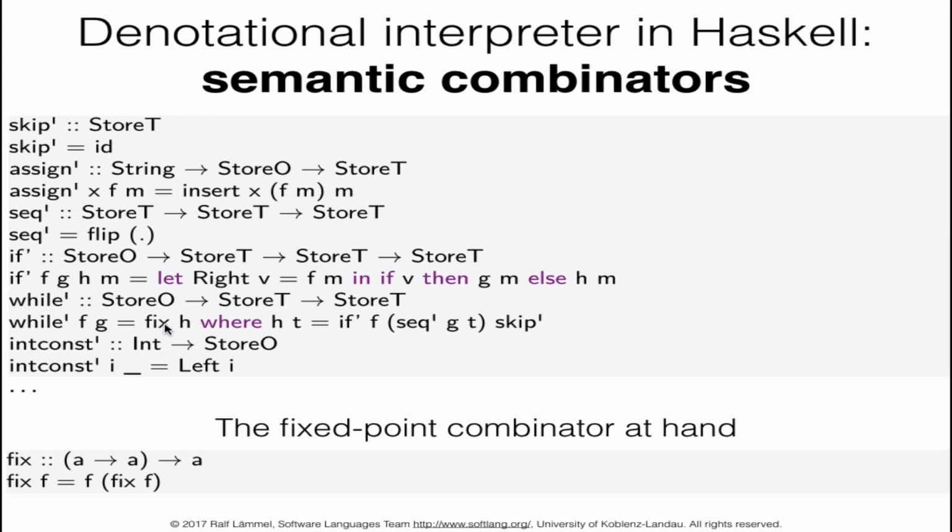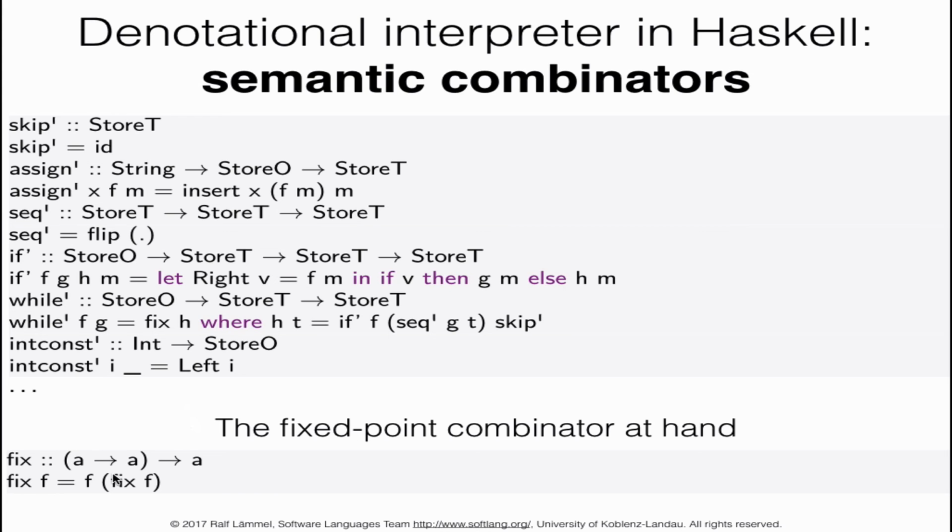We apply the fixed point combinator to a function h, and the function h is parameterized in t, presumably the meaning of a while loop, and we apply semantic combinators if prime, seek prime, skip prime in the same way here to form the semantic meaning of a while loop, assuming that t is that semantic meaning.